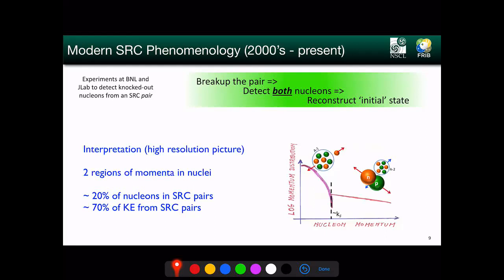You've got mean field-like nucleons and then these hard SRC correlated pairs, which are responsible for these long fat tails. Based on their analyses of all these experiments, a consensus seems to have emerged that roughly 20% of nucleons in the nucleus are in SRC pairs, 70% of the kinetic energy stems from these SRC pairs, and so on.